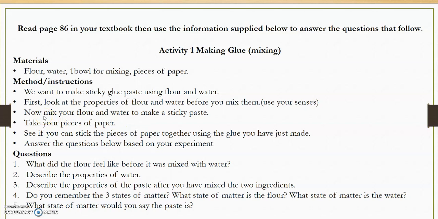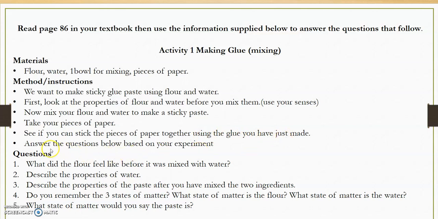And then the next step is now mix flour and water to make a sticky paste, and then take your pieces of paper. That's your next step. See if you can stick the pieces of paper together using the glue you have just made.